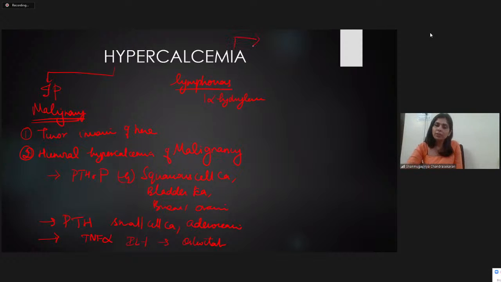And the most common cause of asymptomatic hypercalcemia, or hypercalcemia in an outpatient, is hyperparathyroidism. Primary hyperparathyroidism. And I told you about causes of primary hyperparathyroidism. Most commonly, it is hyperplasia followed by adenoma. Okay.